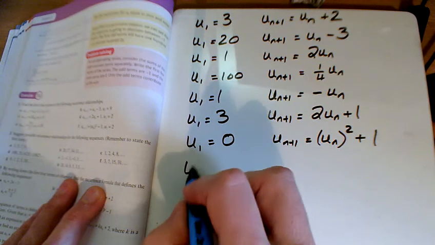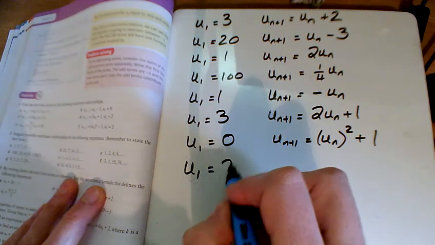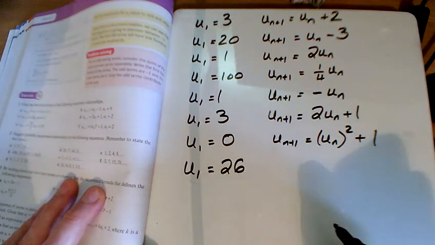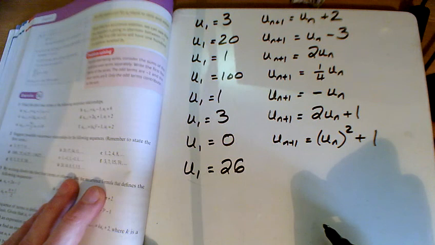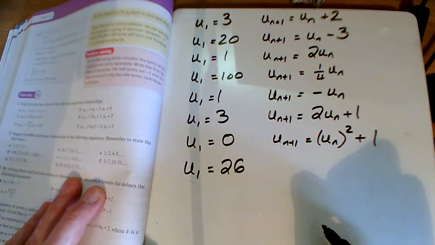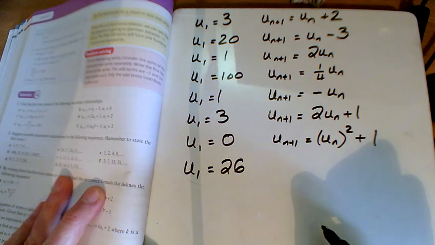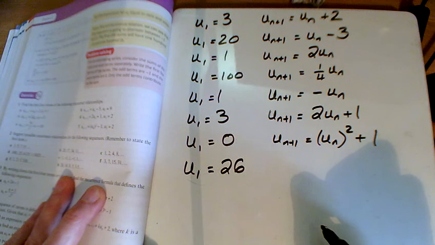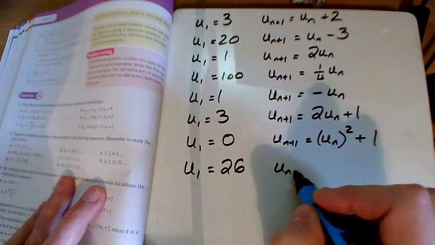And H. So for H, the first one is 26. And we're then going 14, 8, 5, 3 and a half. So it's something to do with halving, isn't it? It's not quite halving, though. I think we've got to do a bit more than that.